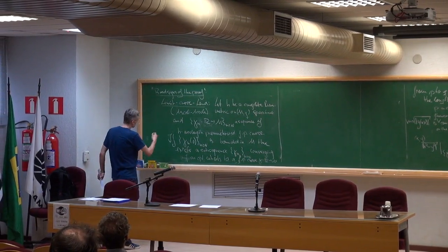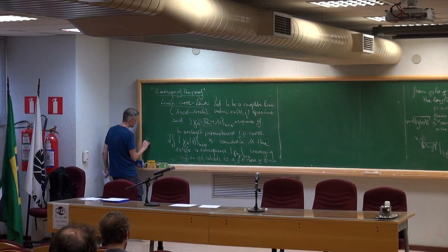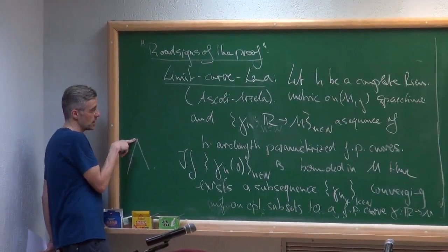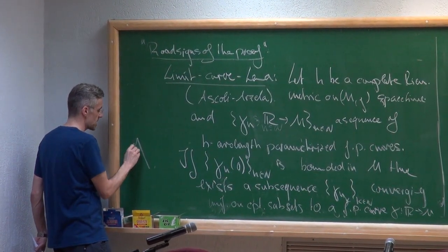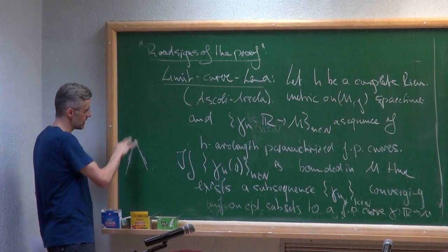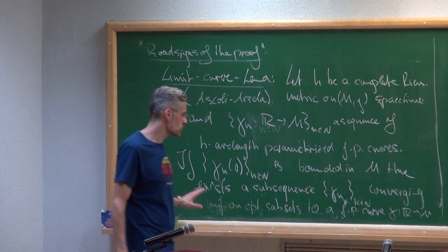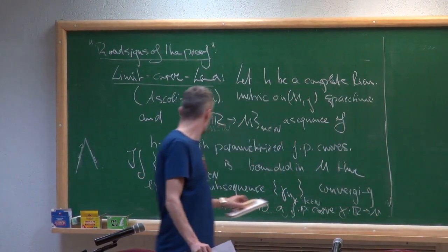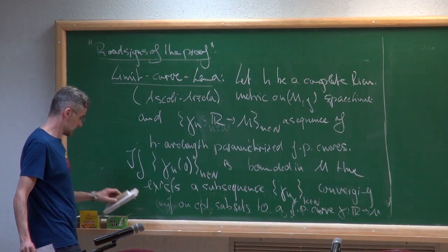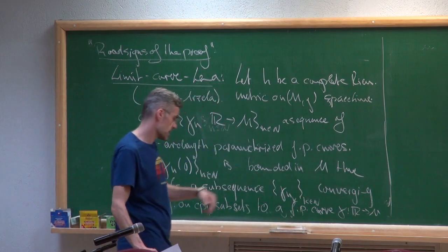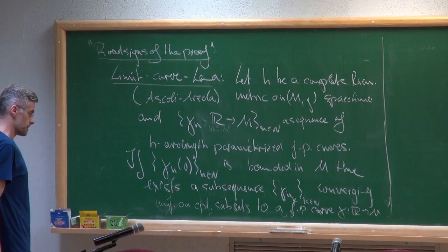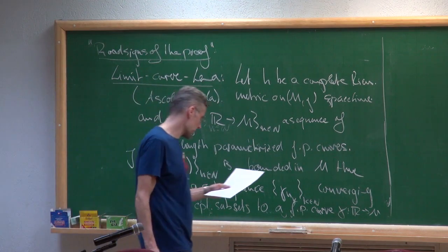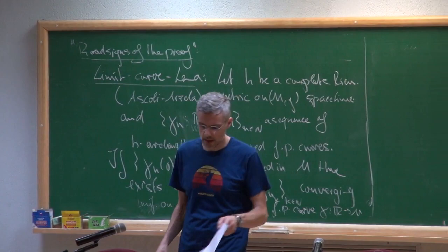You have to work a little bit more because you have to avoid that you create kinks like this, because here the curve is not differentiable, but everywhere else the tangent vector is causal, so you have to avoid this. Didn't want to talk much about this, that's why. But here this appears natural. Okay. That is the limit curve lemma.